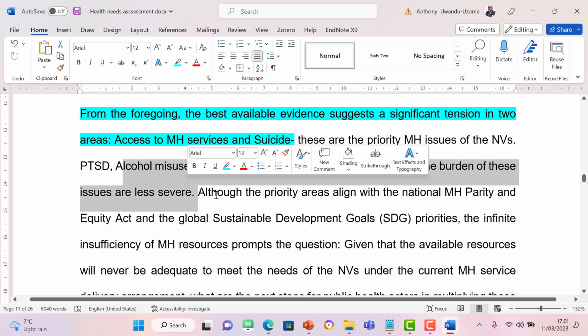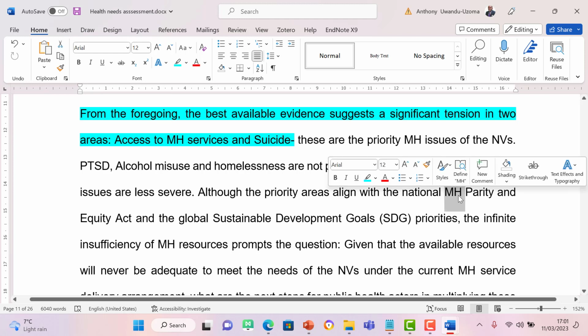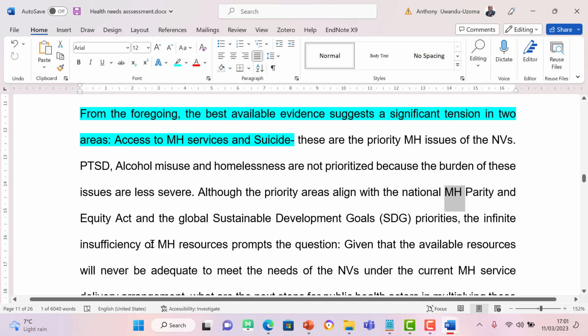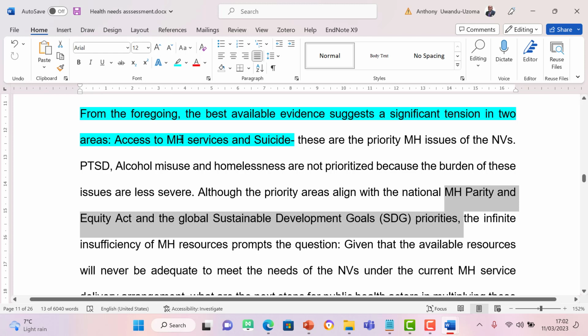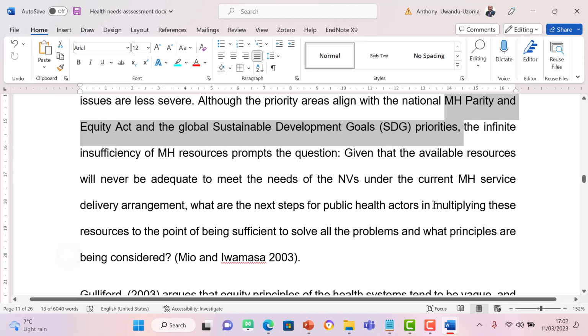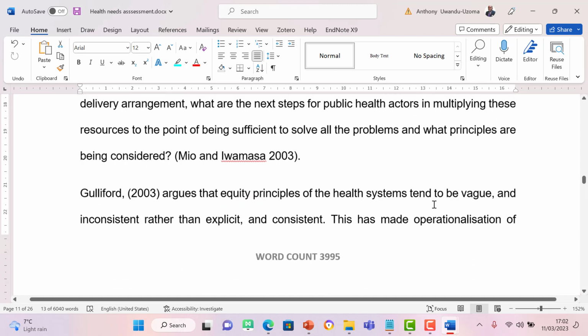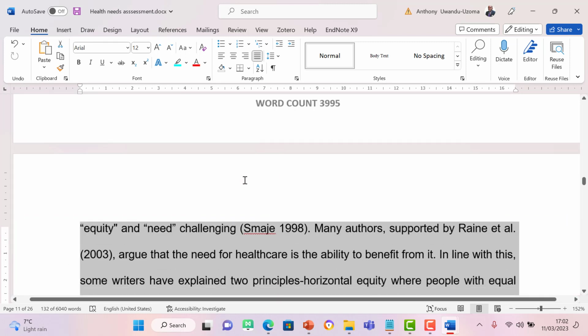It's also aligned with the Mental Health Parity and Addiction Equity Act and the Sustainable Development Goals. So you can see that access to mental health services and suicide prevention programs is aligned to these government priorities. All right, so it's very, very important. Here it is talking about equity.